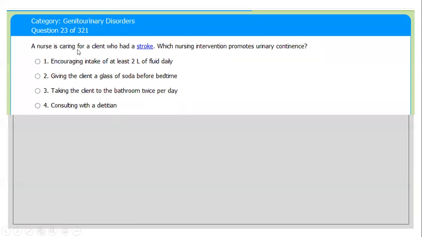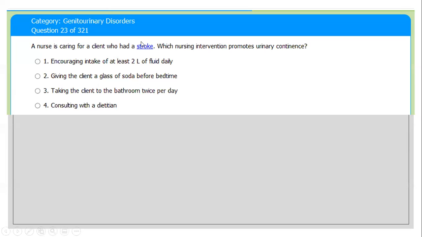Next, a nurse is caring for a client who had a stroke. Which nursing intervention promotes urinary continence? So this question is about the stroke, right?